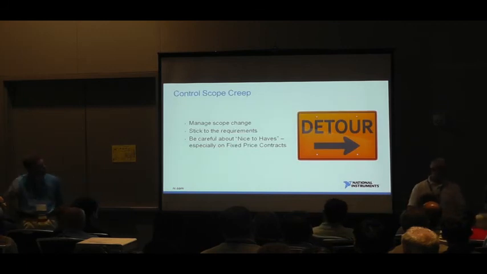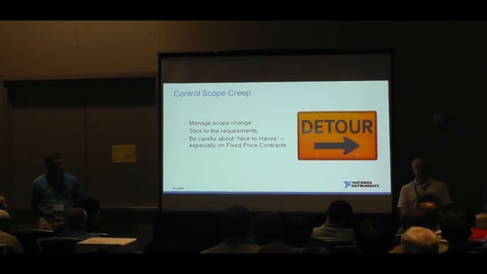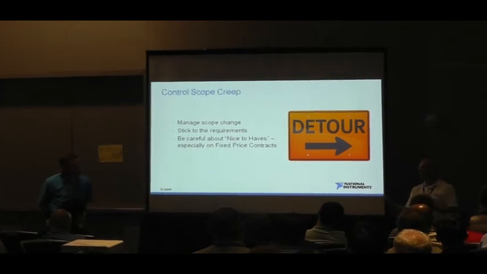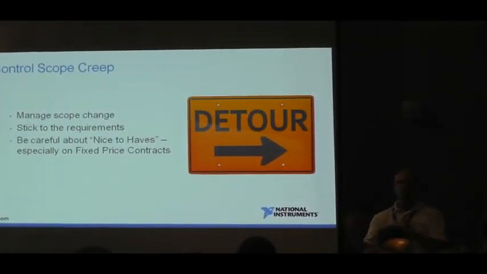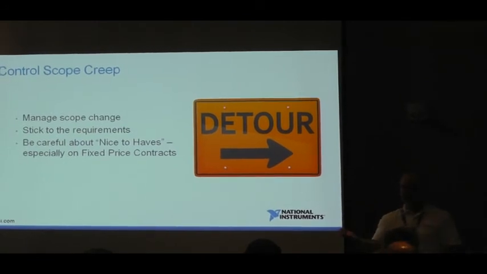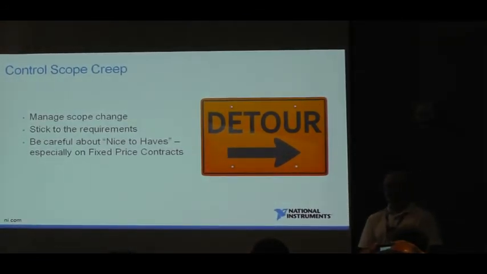We talked quite a bit about scope change. It's going to happen, so the main thing is to be prepared for it. And again, communication with your team, make them aware of what all the requirements are so they know what's in scope, what's out of scope. And again, politely push back when they're asked to do things that aren't in scope.